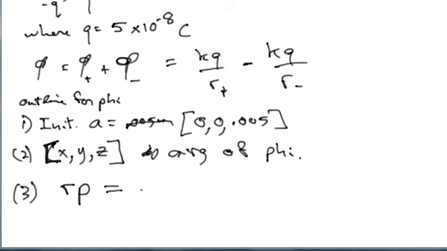R plus is the norm of our argument, and our argument is an array.